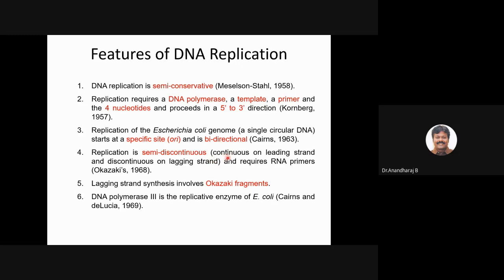One strand will be synthesized continuously without any disturbance. The continuous strand is otherwise called the leading strand. The other strand will be synthesized discontinuously. That we call the lagging strand.